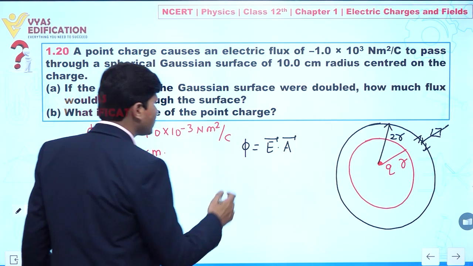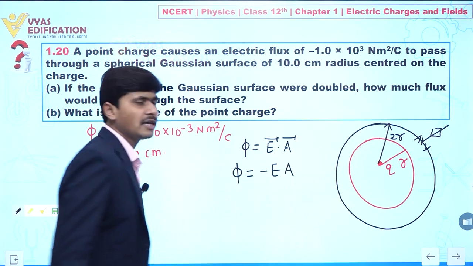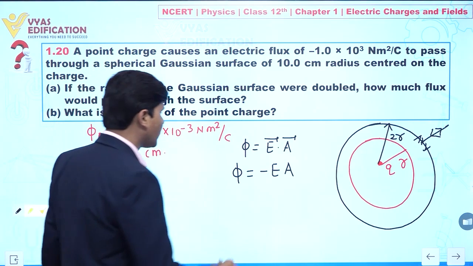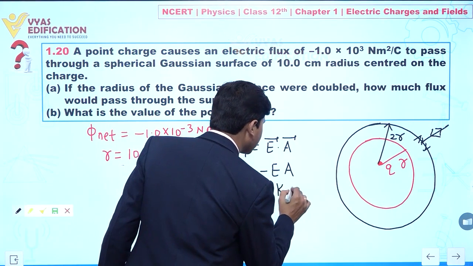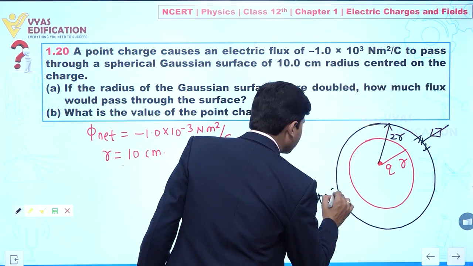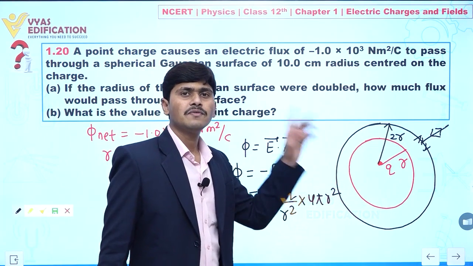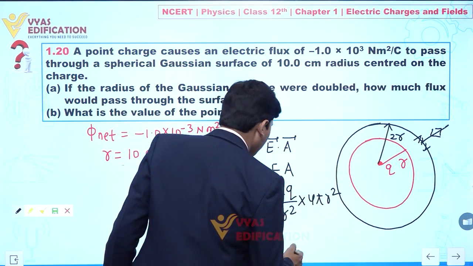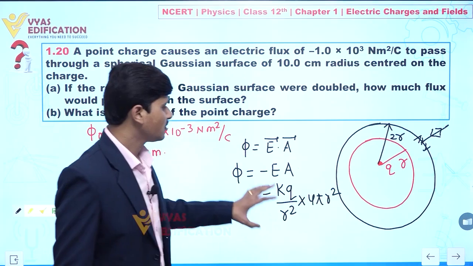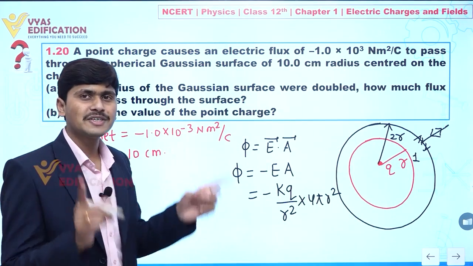So here we get phi equal to minus EA. We can write E as kq divided by r square, and A as 4 pi r square, because the cross section area is 4 pi r square. But this is for Gaussian surface 1.